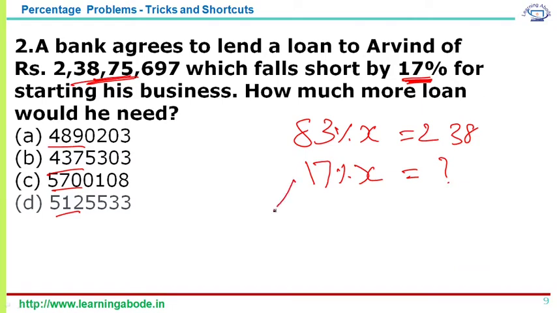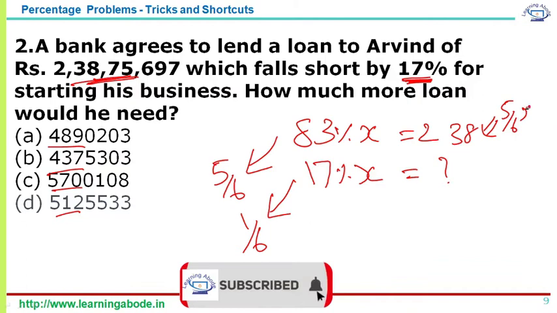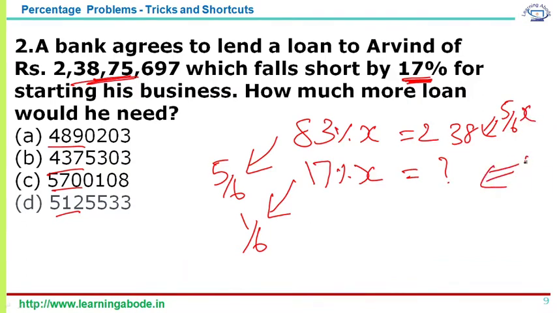You can consider it as 16.66 percentage, which is 1 by 6, and the given amount is 5 by 6. So if this amount is 5/6 of x, what you want is 1/6 of x.